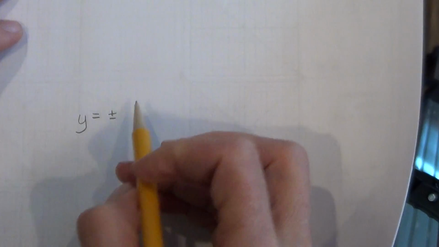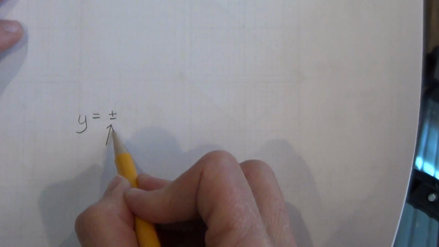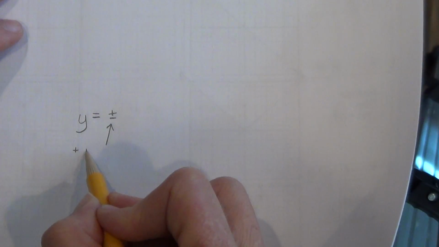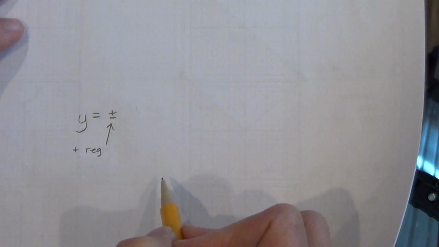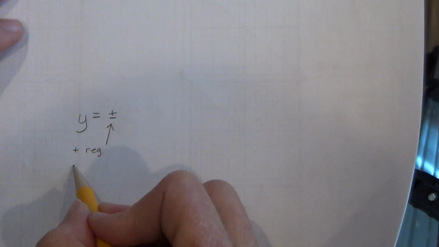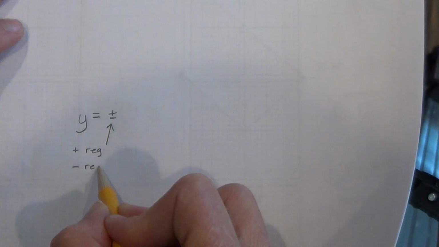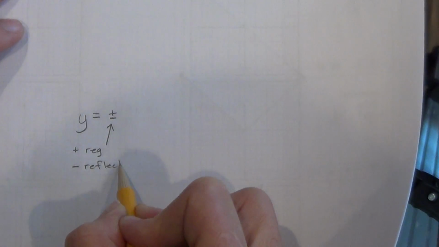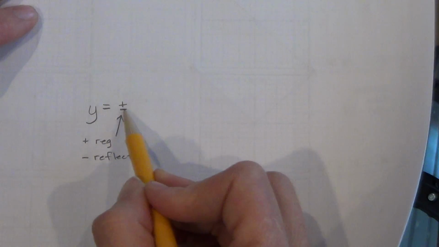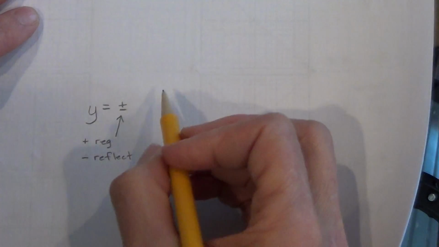The positive will make it regular, like the parent function, but the negative will reflect. So if he simply wants to reflect it, he just punches in that negative first.